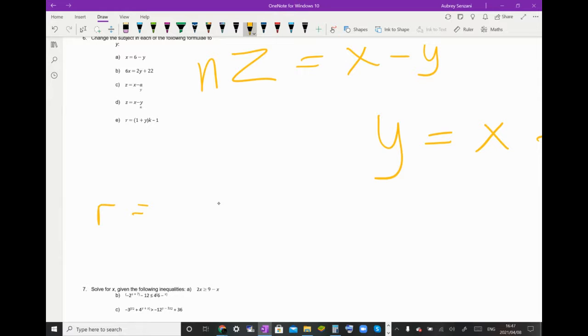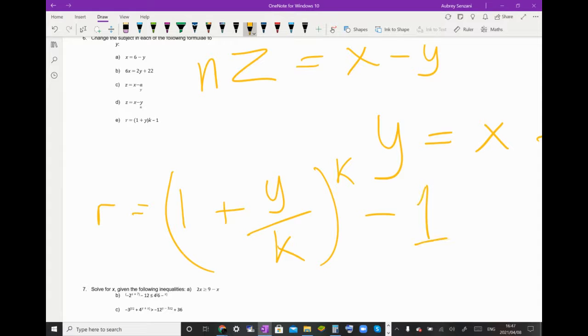R is equals to 1 plus Y divided by K, to the power K minus 1. Ooh, this is getting quite interesting.